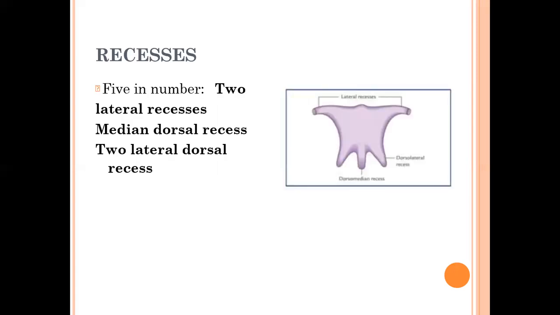Coming to the recesses of the fourth ventricle, the recesses are 5 in number, as you can see in the diagram. They are nothing but the extensions from the cavity of the fourth ventricle.